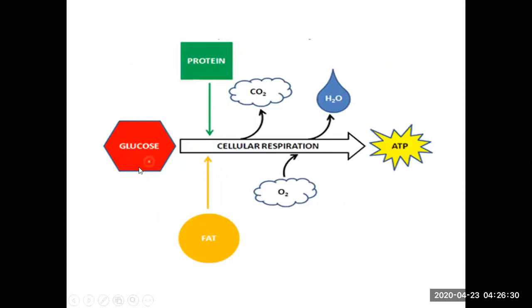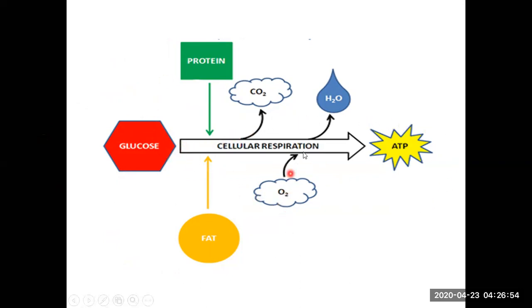Let's take an example. This is a glucose molecule, for example, when we eat a candy, or protein when we eat an egg, or fat when we eat junk food, like an oily burger or chicken wings. Our body has to break down these large molecules into smaller ones to get energy.